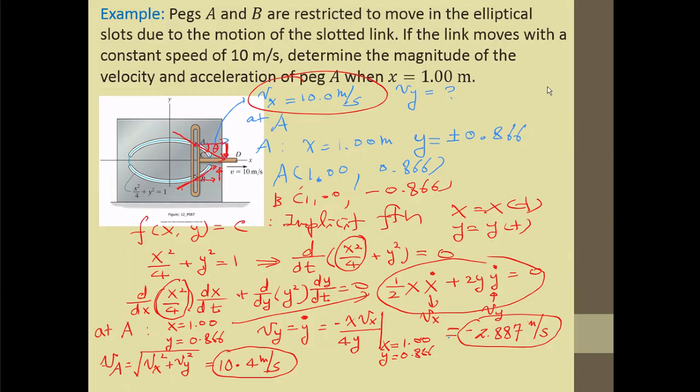What questions would you have about this? Remember the chain rule and also the derivative of an implicit function. We notice x is a function of t, so t is embedded in it. Y is also a function of t. So therefore we use the chain rule.